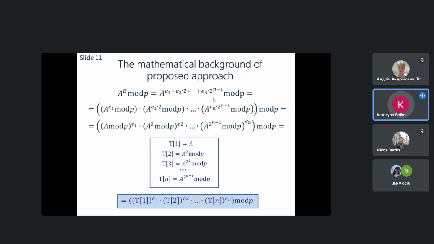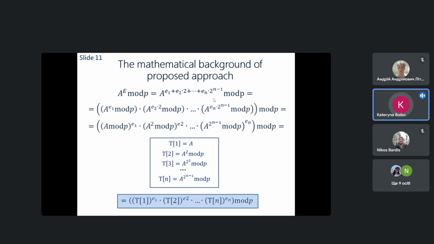Since the modular exponent of a in powers of 2 modulo p depends only on the constant number a and the constant modulus, this value can be pre-computed and stored in tables.